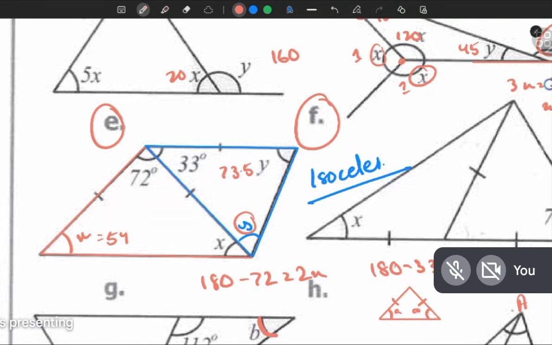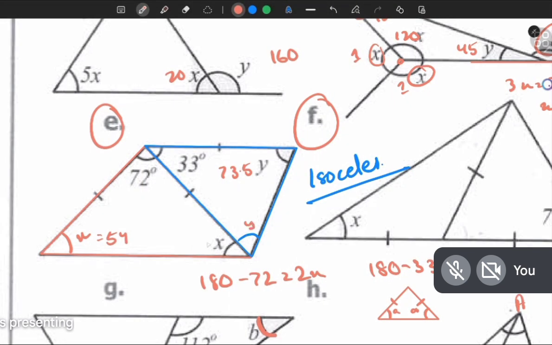So if this is Y, this is also Y. If this is X, this is also X. So X plus X gives you 2X, right? And then you have this angle. We have 180 as the total sum of angles of a triangle.